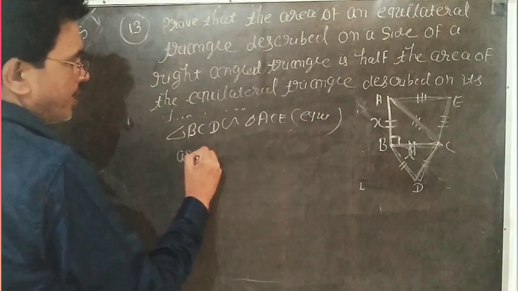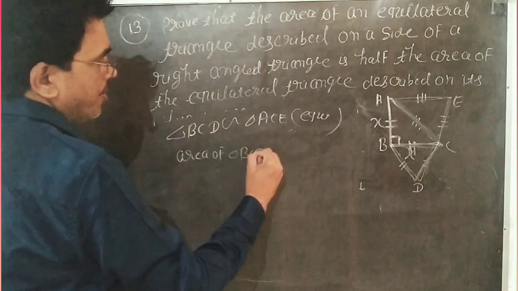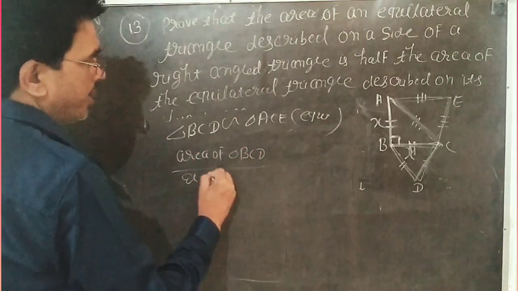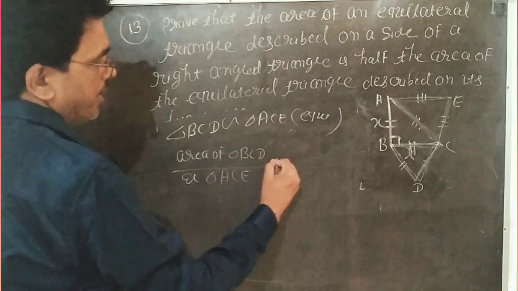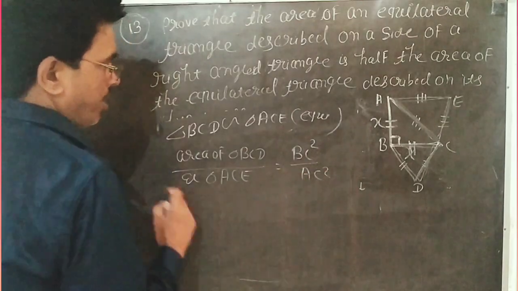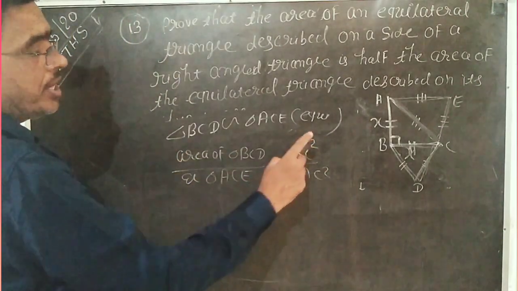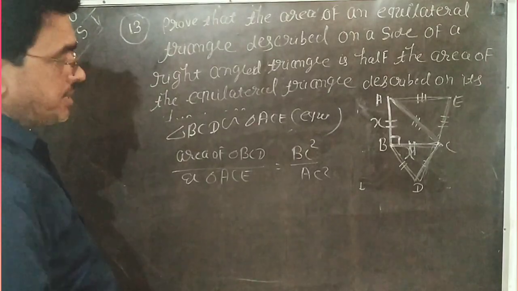Now write area of triangle BCD by area of triangle ACE is equal to BC square by AC square. The ratio of the areas of two similar triangles is equal to the square of their corresponding sides.